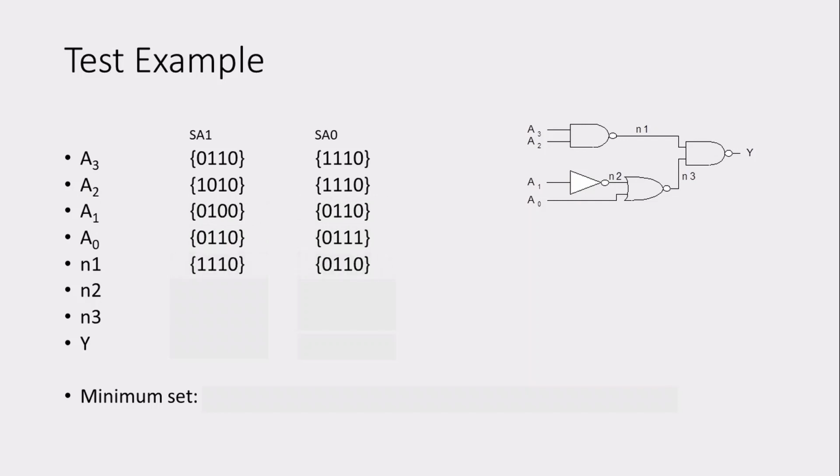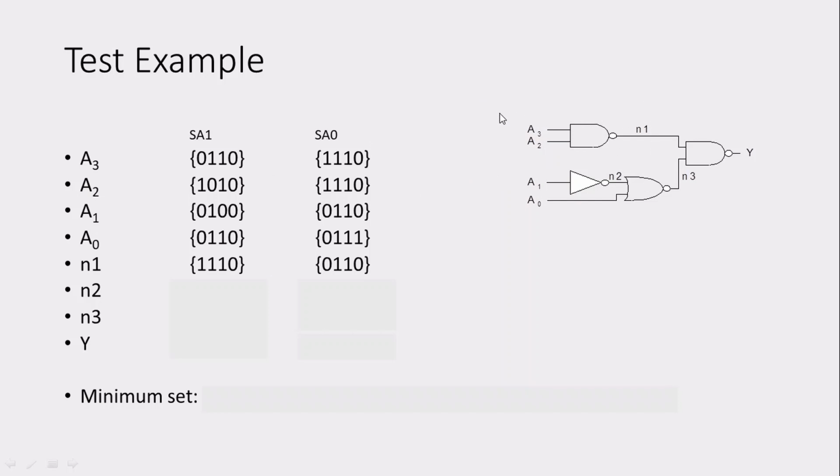We should not stick to only these particular inputs, A3 A2 A1 A0. For checking these inputs we derived these particular combinations, to check whether this particular point is stuck at 1.